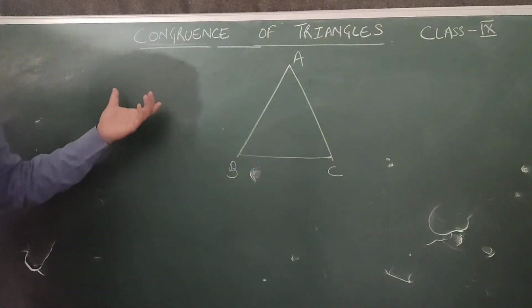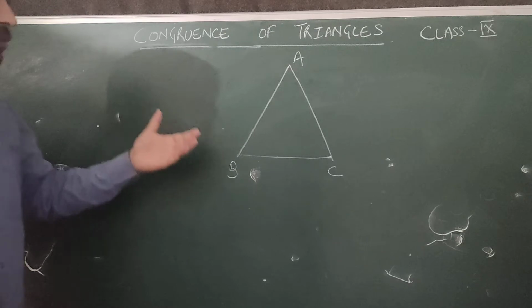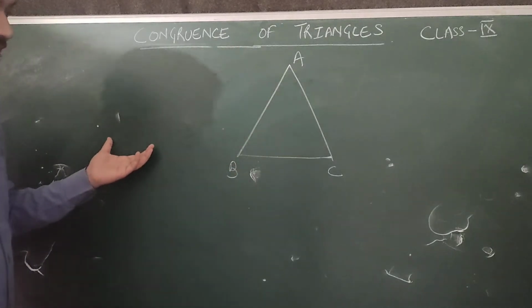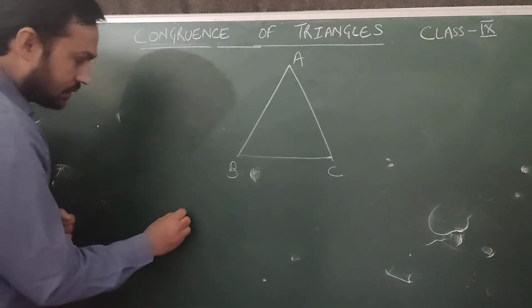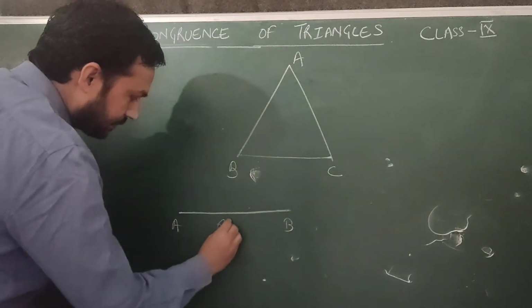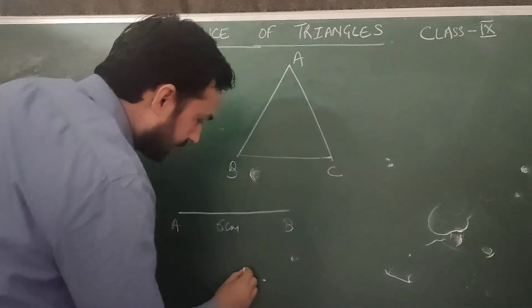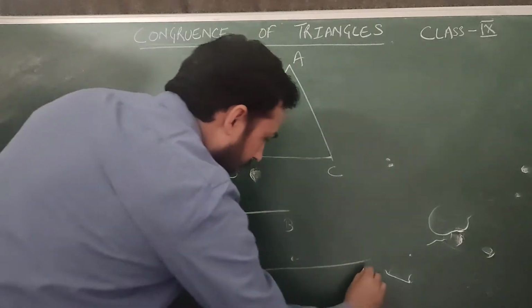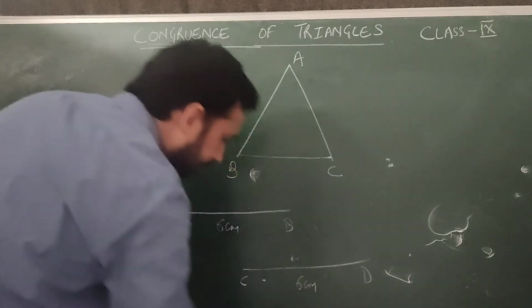Now, what do we understand by congruence? Let's go to class 6 basics. There in class 6, they taught us that let's draw a line segment AB, which is 6 centimeter, and let's draw another line segment CD, which is again 6 centimeter.